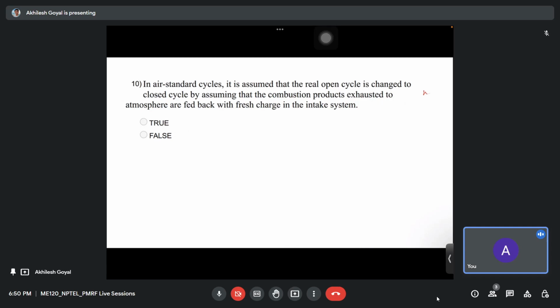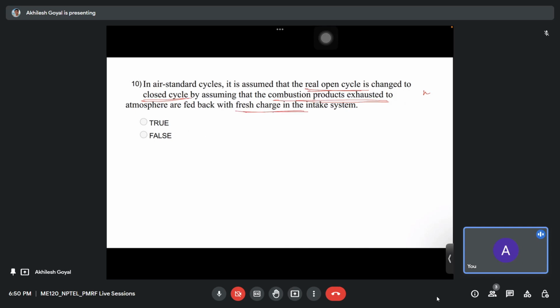Okay. So what this question is saying is that we consider real open cycles as closed cycles by assuming that these combustion products are fed back with fresh charge to the intake system.